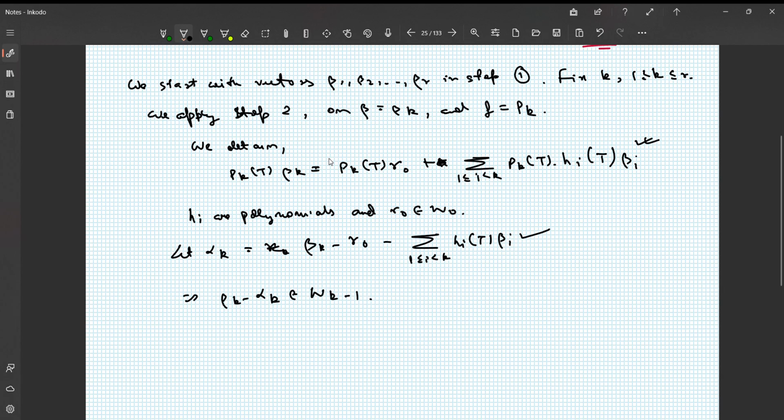Each of these elements is from the T cyclic subspace generated by beta i, ranging up till the T cyclic subspace generated by beta k minus 1, and gamma naught is an element from W naught. So this part is completely inside W k minus 1, and so beta k minus alpha k is clearly inside W k minus 1. That's all.